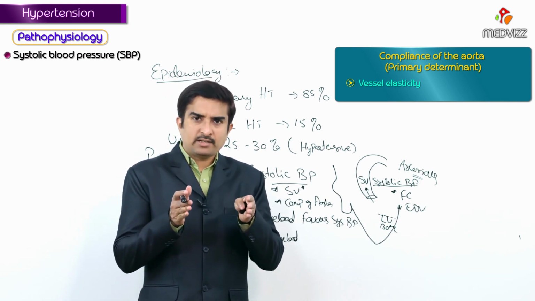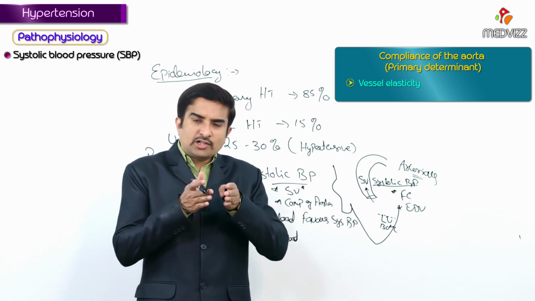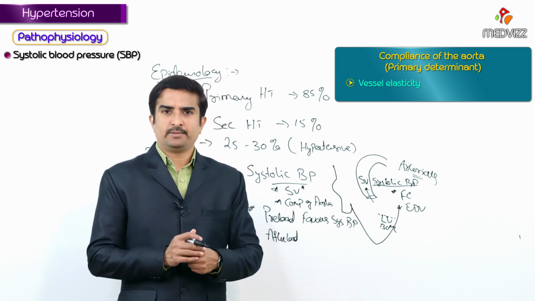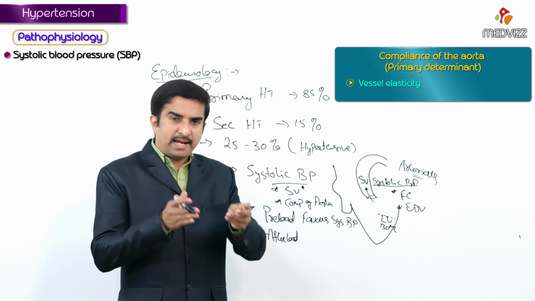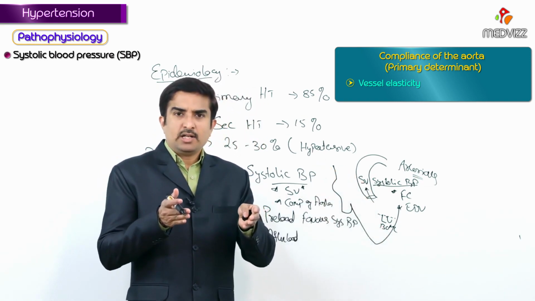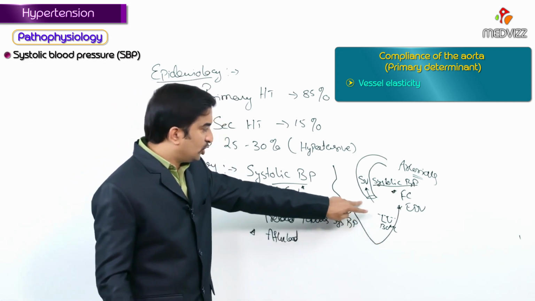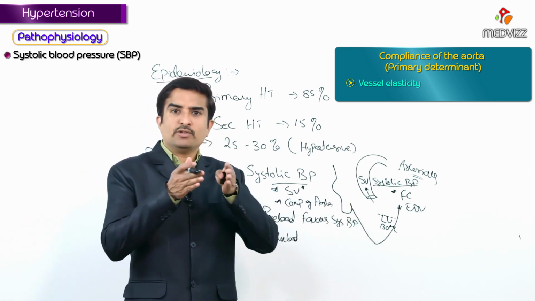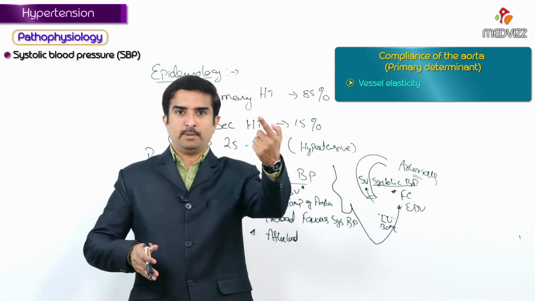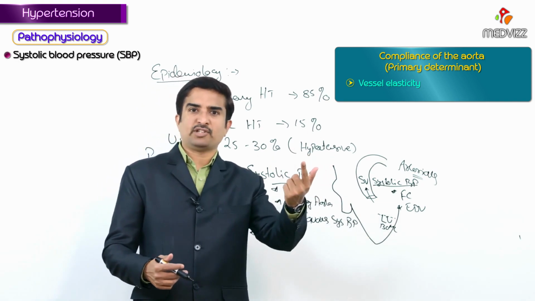When the aorta expands, the pressure will be normal. If there is a loss of elasticity in the aorta, the aorta cannot expand when the blood is pumped from the left ventricle into the aorta. So then what happens? The greater amount of blood is traveling through the narrow blood vessel because it is not expanding, and pressure will be much greater. If the pressure is greater, systolic blood pressure will be elevated.